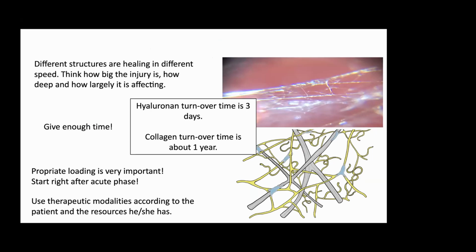So movement, controlled movement, treatment to support the body to heal itself, and appropriate loading are also very important. And we can start right after the acute phase, and we can go with the therapeutic modalities according to the patient and the resources she or he has.